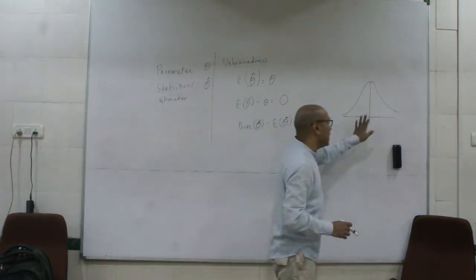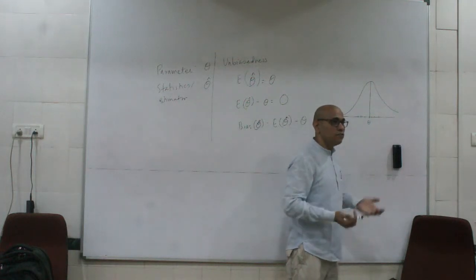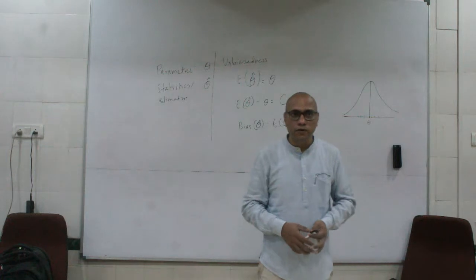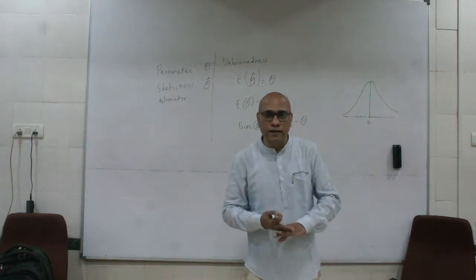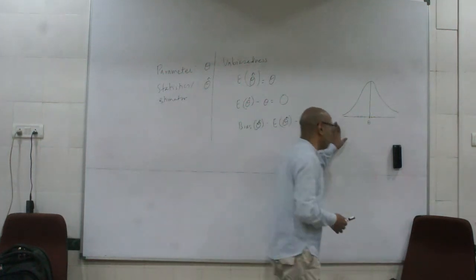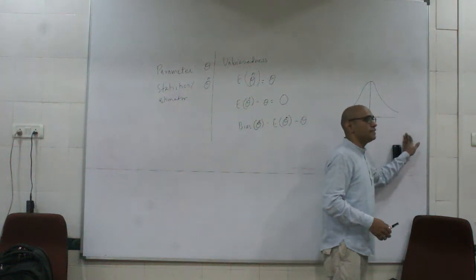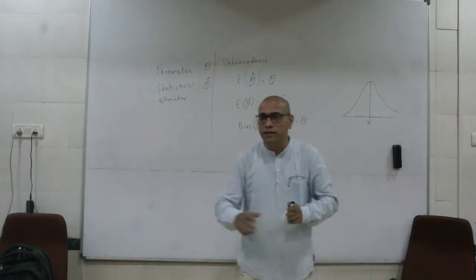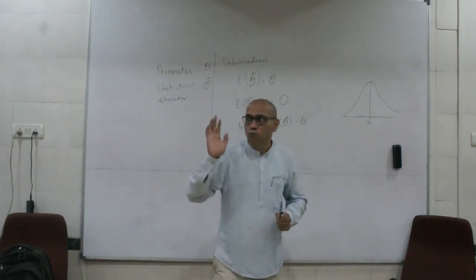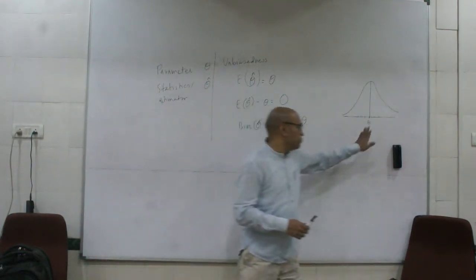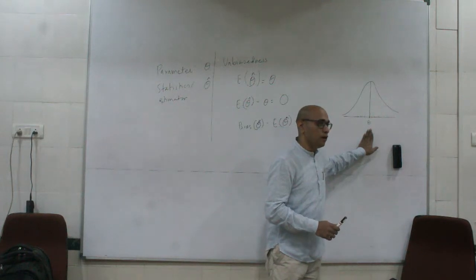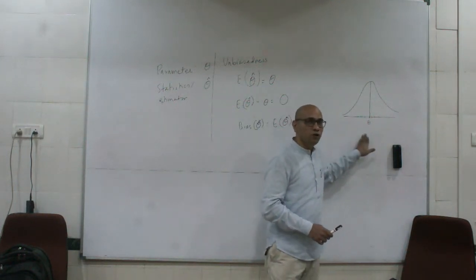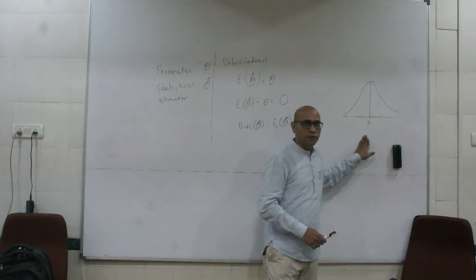Which means that the chance of getting value higher or lower is identical, means that expectation of all the values that a sample can take would be equal to the population's value. Expectation of all the means would be equal to population's mean, right?